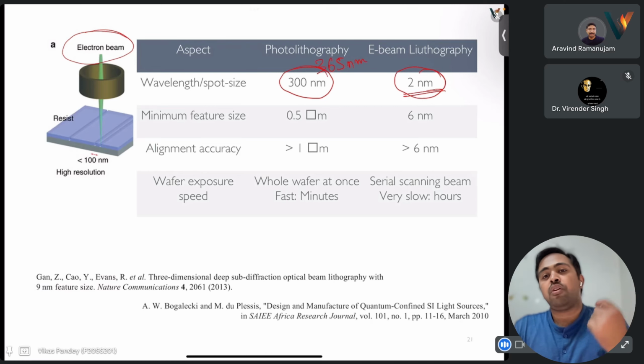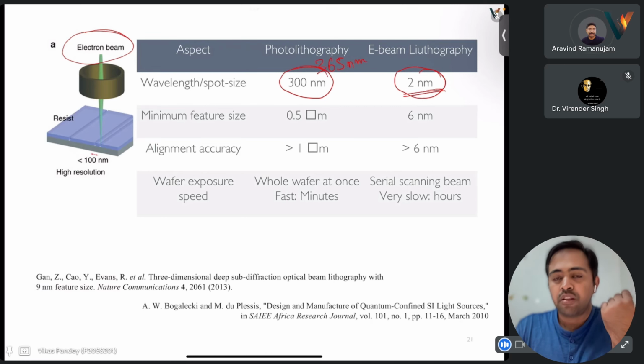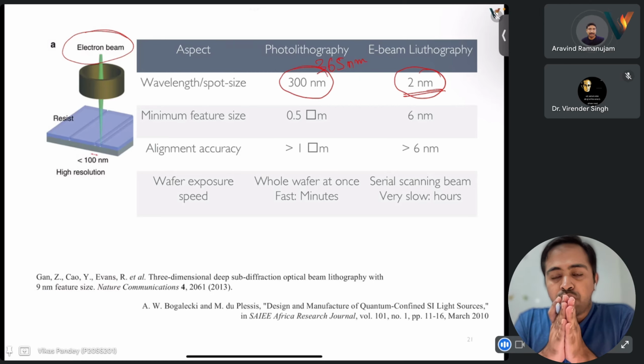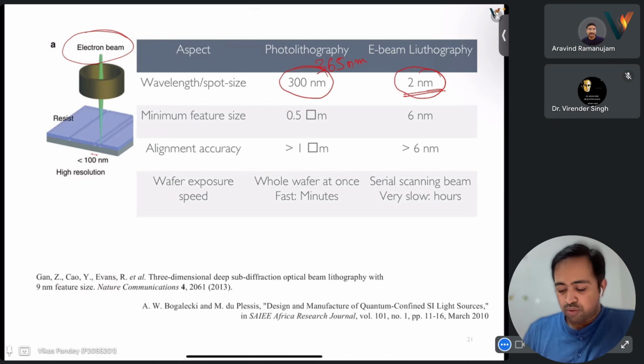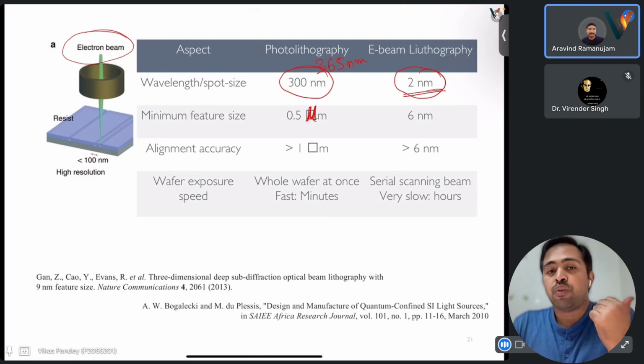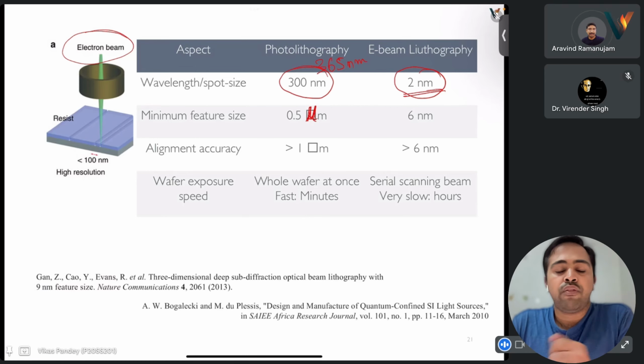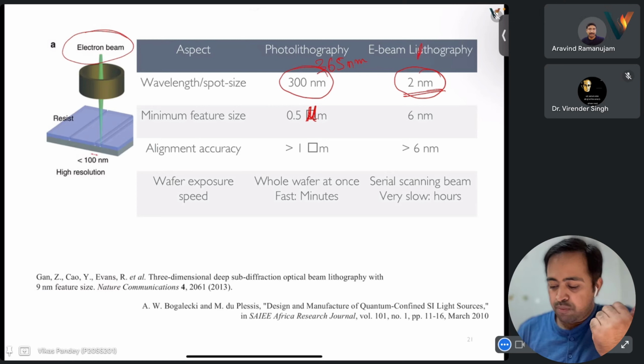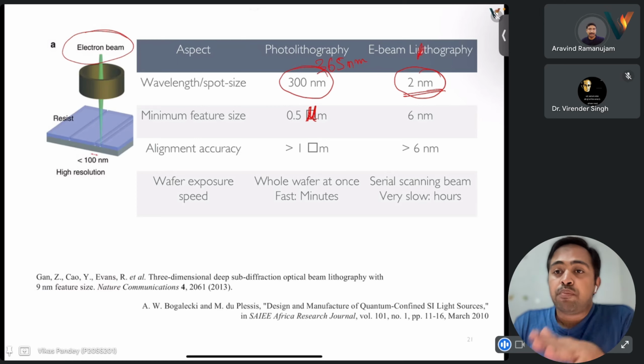So when we go to a smaller wavelength, our minimum feature size can go to very low dimensions. Okay, in photolithography, we can go to half a micrometer maximum, around 500 nanometer, whereas in e-beam lithography, we can go up to 6 nanometer dimensions.